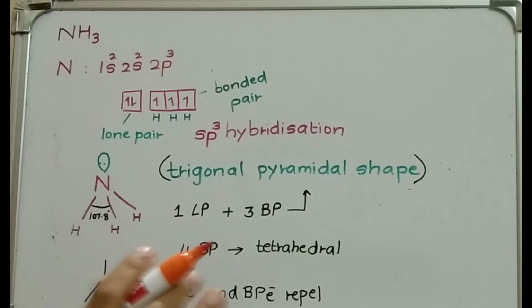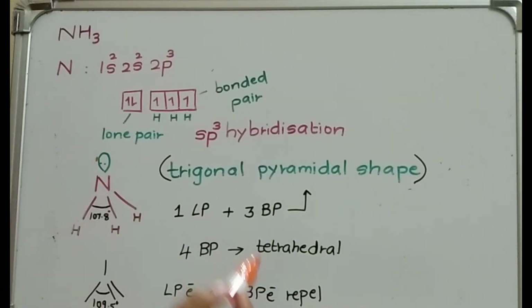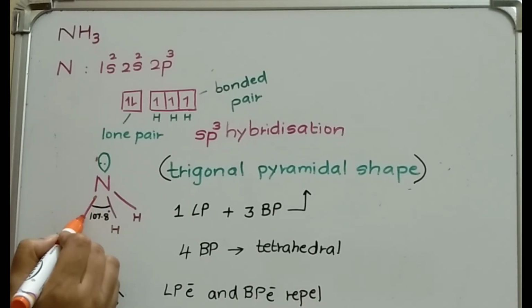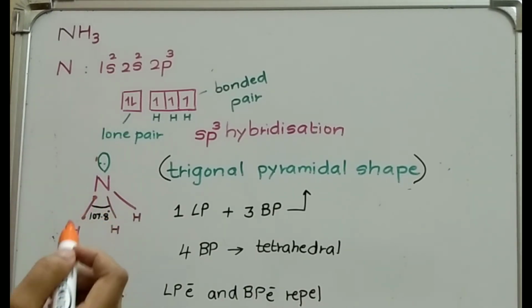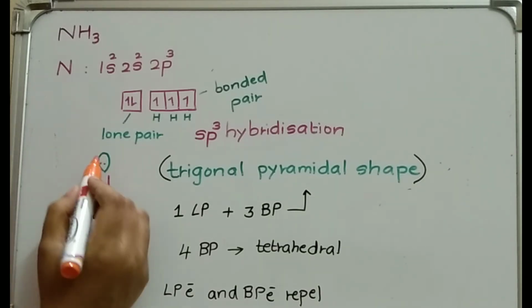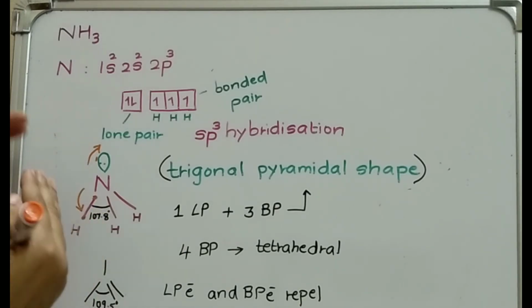In tetrahedral, no lone pair. Here is the lone pair, and this bond pair electrons are present here, correct. What will they do? They are repelling each other. Repelling each other means they are moving far from each other, correct. This will move this side, this is moving this side. See, both are moving in opposite directions.